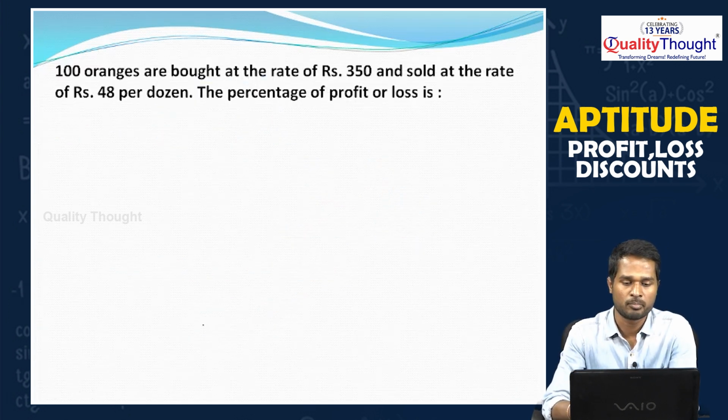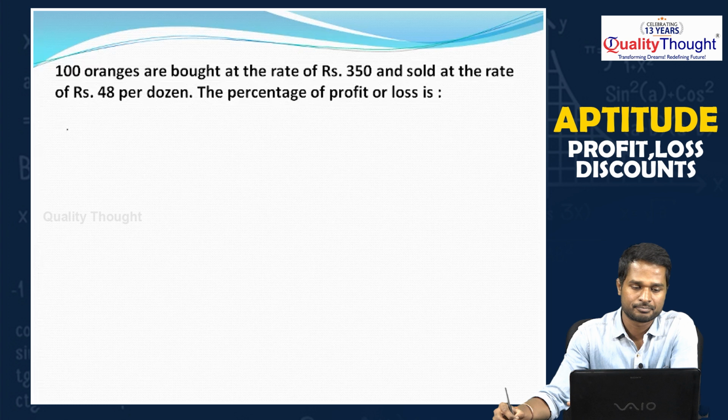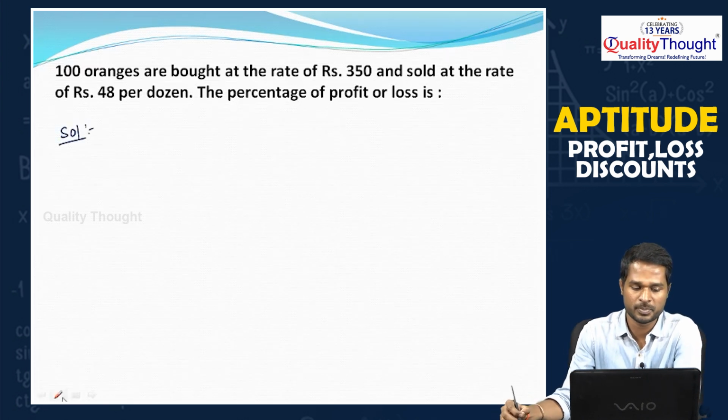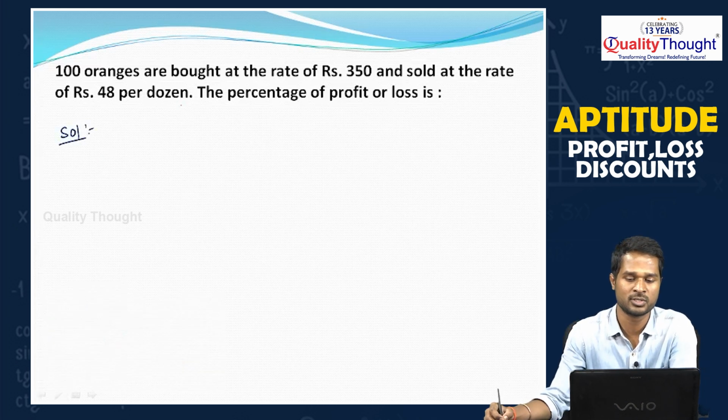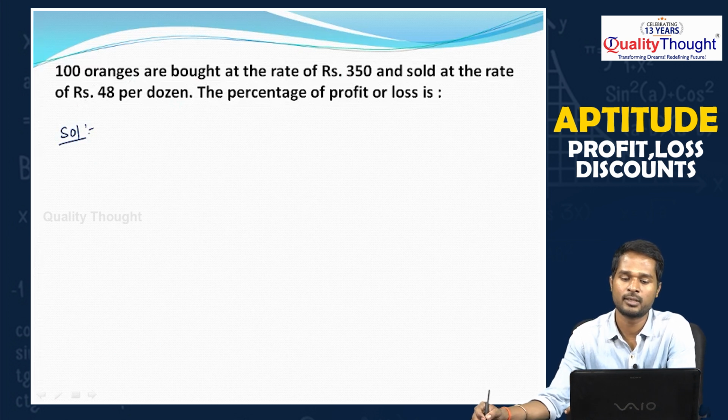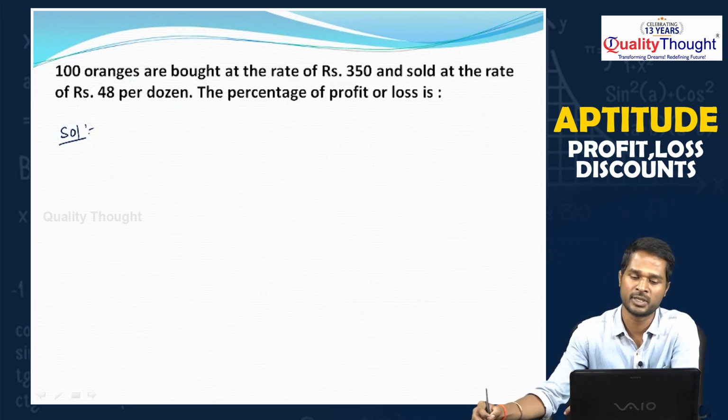100 oranges are bought at the rate of 350 and sold at the rate of 48 rupees per dozen. The percentage profit or loss is how much? See, when a person was purchasing some oranges, he purchased 100 oranges at 350 rupees.